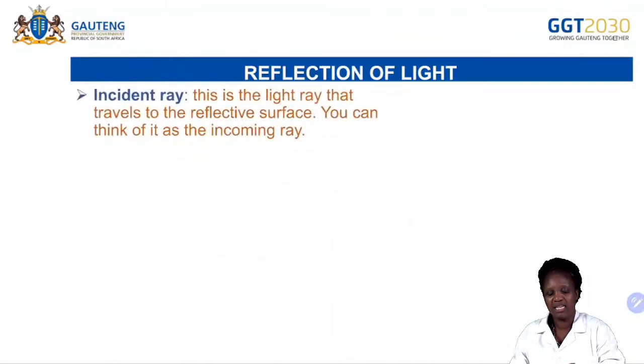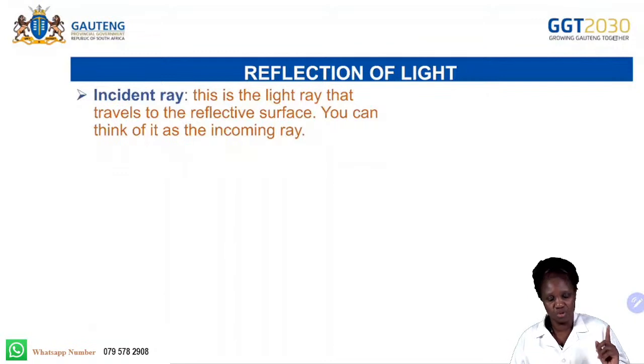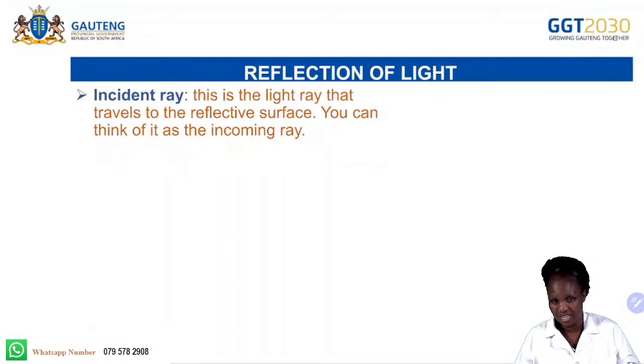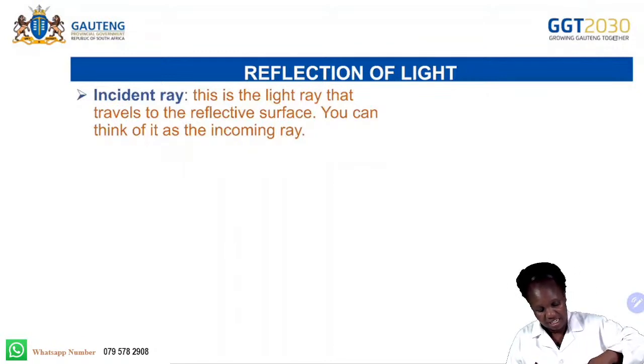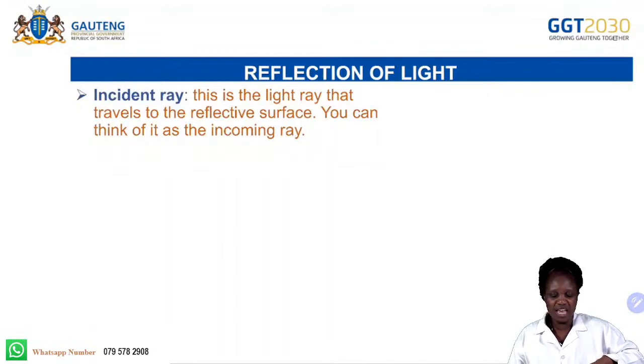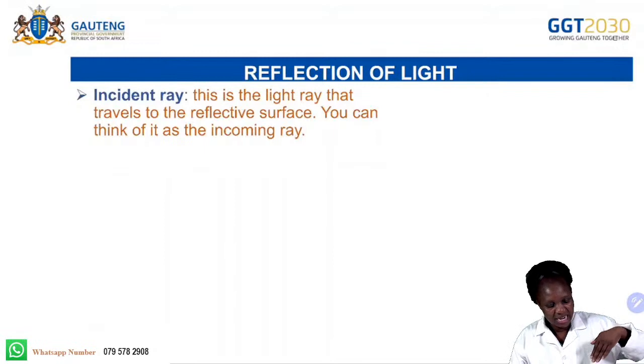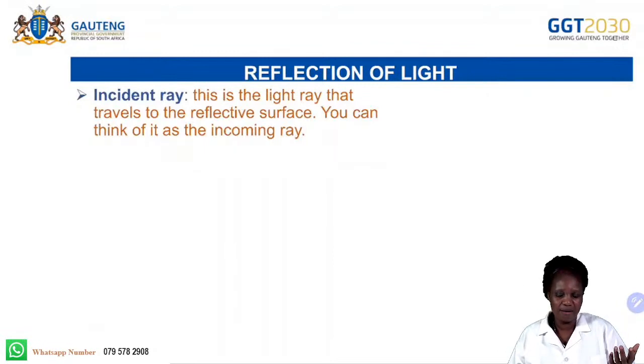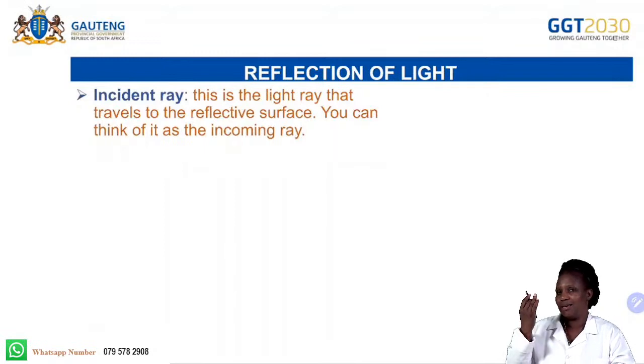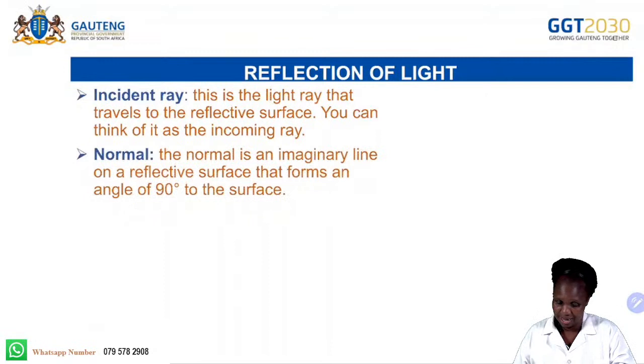Incident ray. This is the light ray that travels to the reflective surface. It is coming to the reflective surface. All right. And then you can think of it as the incoming ray. This is the incident ray. But when it strikes the surface, then a reflected ray will go straight to our eyes.